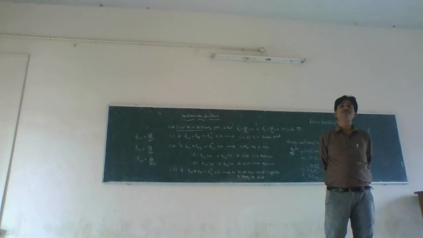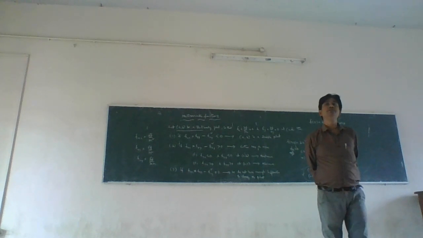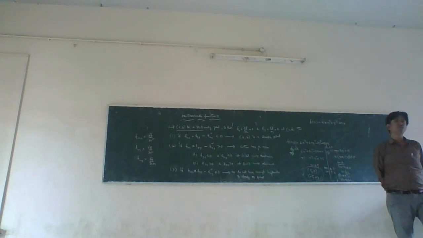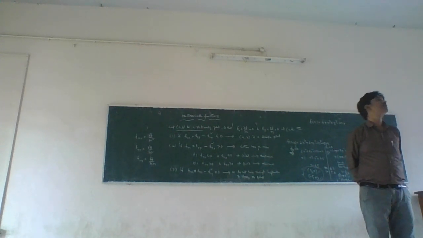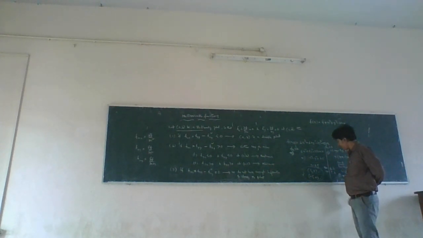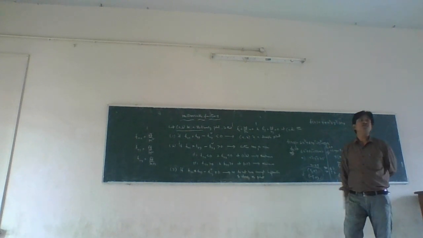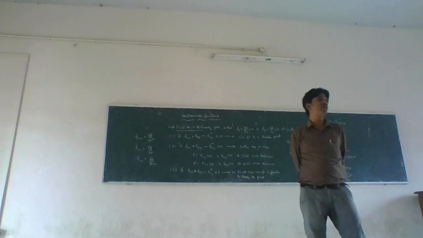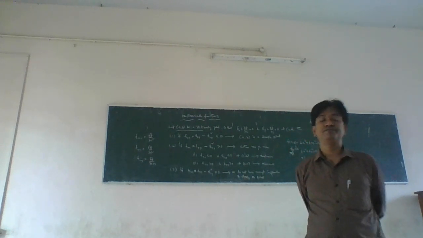Then (3, 4). Very good. (3, 4) will become a saddle point. (3, 4) will become a saddle point. Now check for (-3, -4). For (-3, -4).